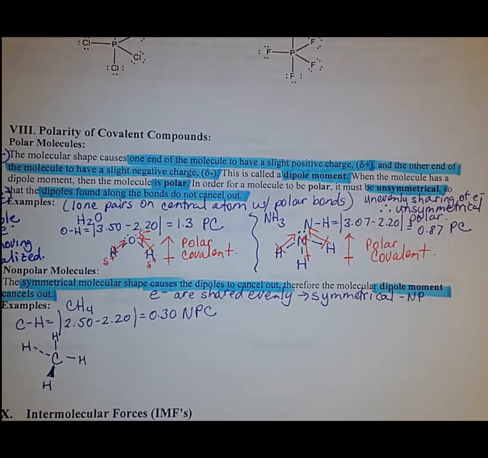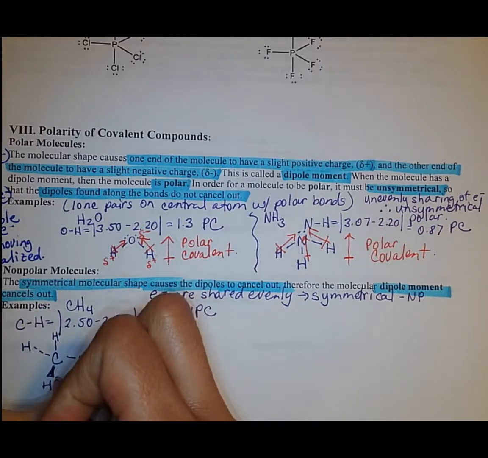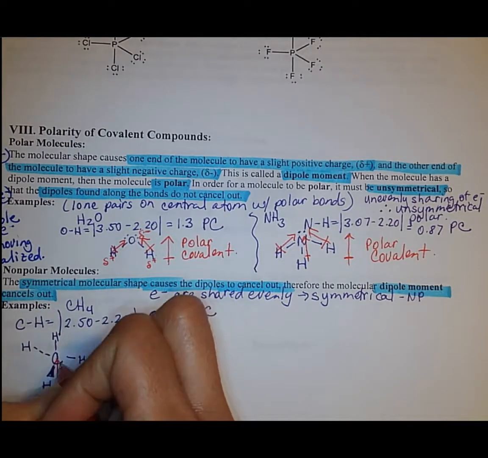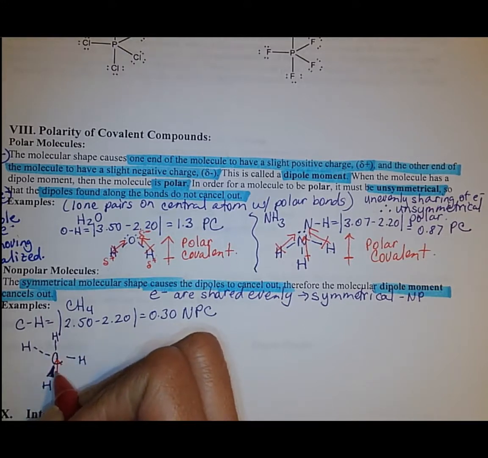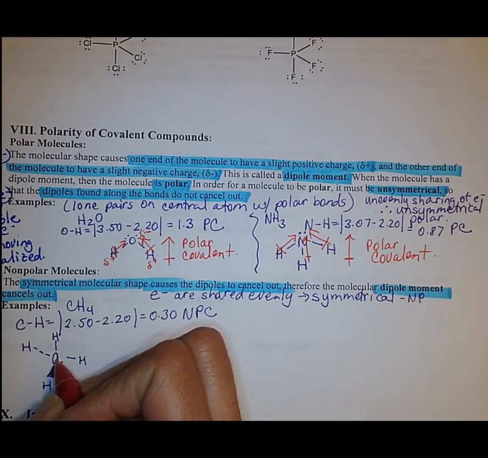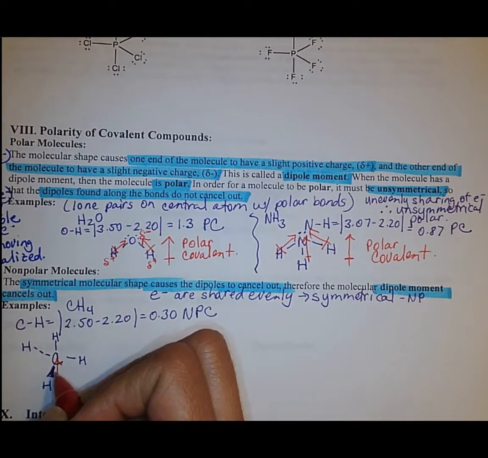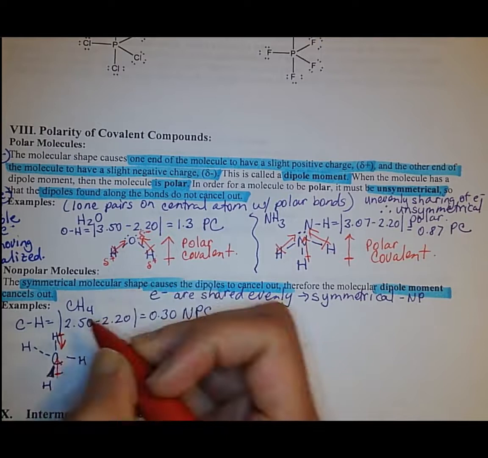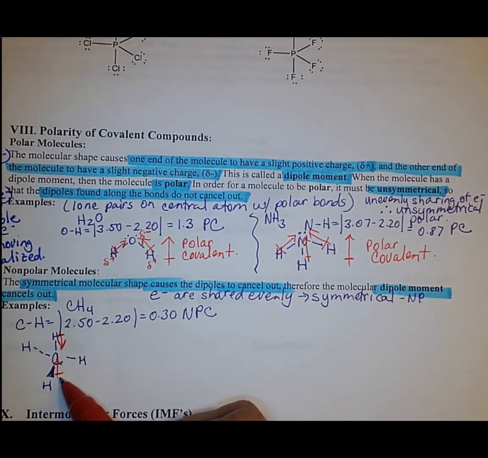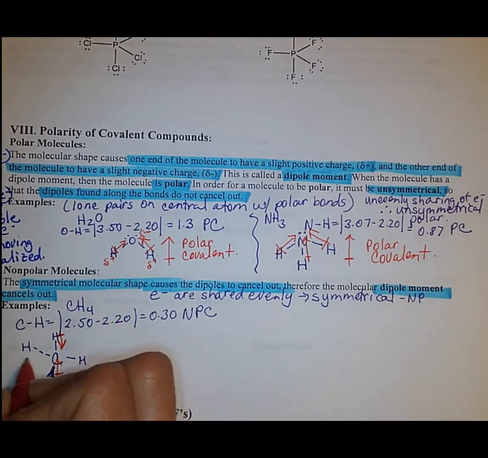Now when you look at this, you've got the hydrogen that's being pulled. Carbon happens to be more electronegative than hydrogen, so the electrons are all going to move towards carbon. So these two hydrogens cancel one another out, the pull of it. And then you've got this one.